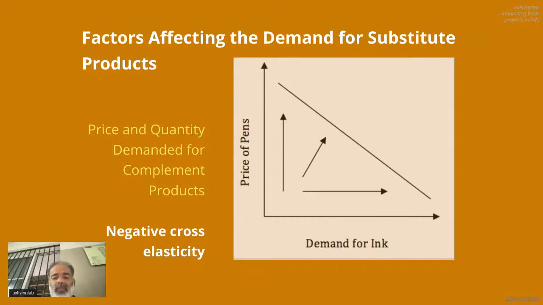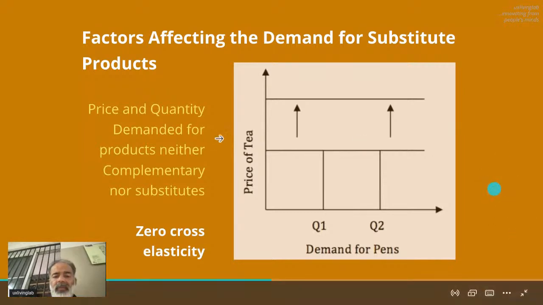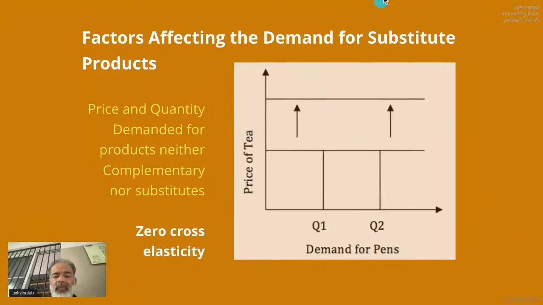So the graph shows when the price of the pen increases, demand for the ink decreases. So that is called negative cross elasticity. Then zero cross elasticity. Price and quantity demanded for products that are neither complementary nor substitutes.